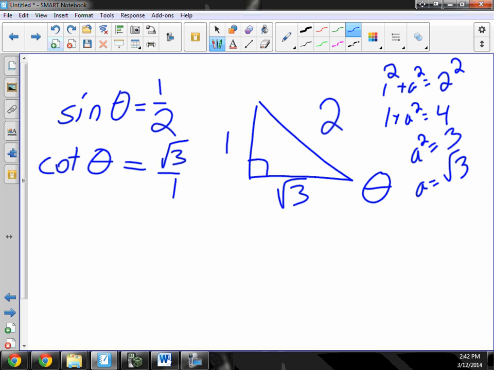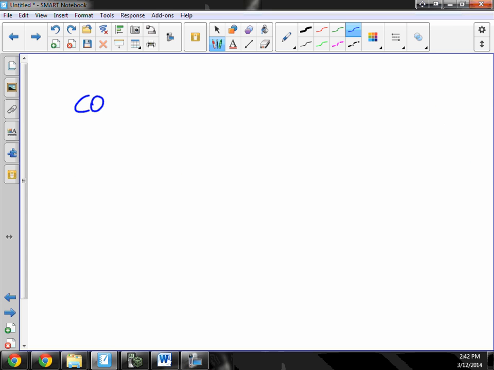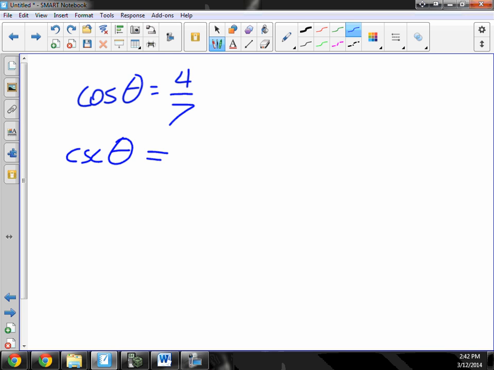Okay, let's do another one. Cosine of theta equals 4 sevenths. What is the cosecant of theta? Well, draw the right triangle. Label theta. What sides do I know?